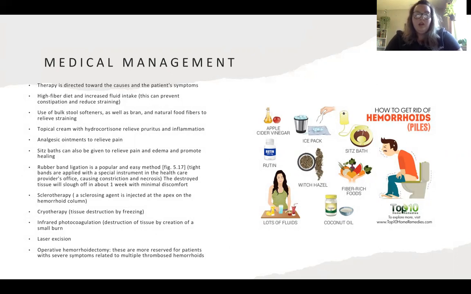Laser excision, and if the hemorrhoids are bad enough, they're going to have multiple thrombosed hemorrhoids down there, and that is whenever they can do surgery and have a hemorrhoidectomy. And so obviously those are going to be reserved for the patients that have those more serious issues.